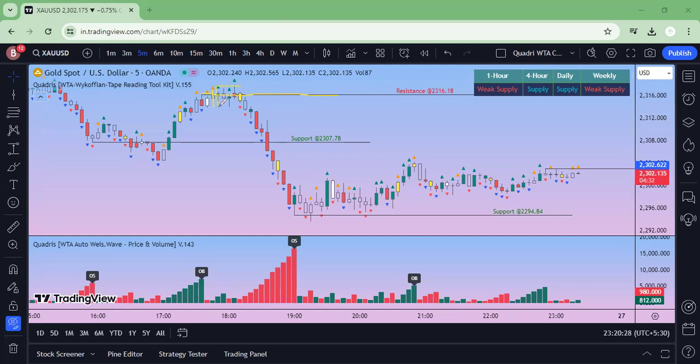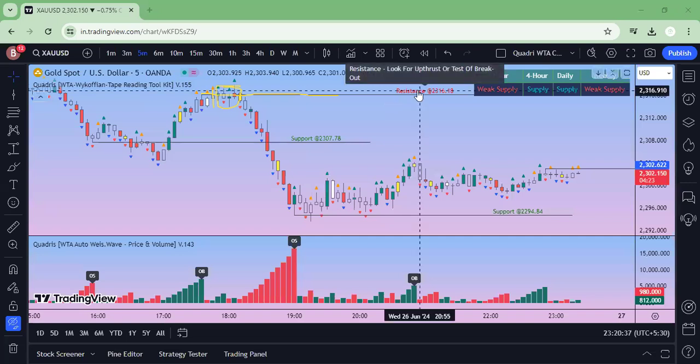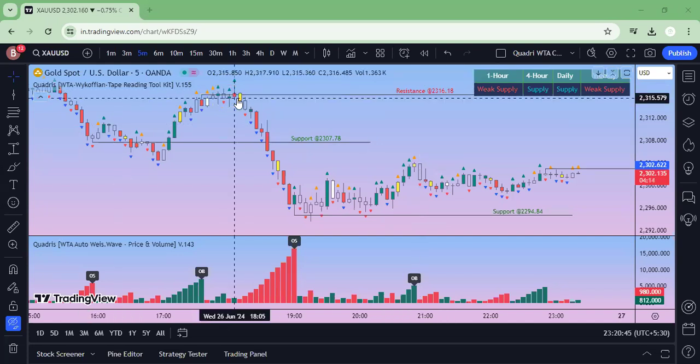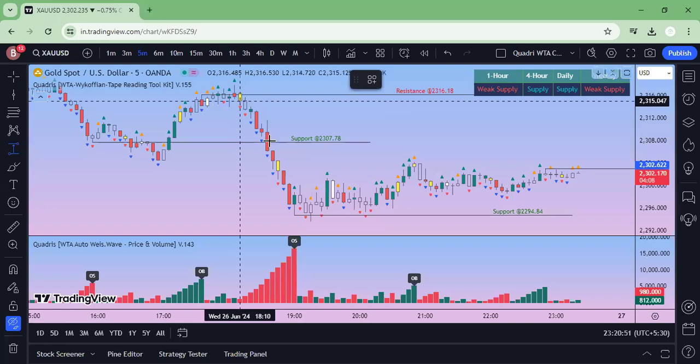And if you hover your mouse over this one, it clearly suggests look for an upthrust or a test of a breakout. So breakout didn't happen, but we had an upthrust.